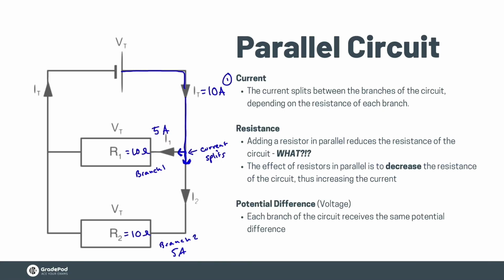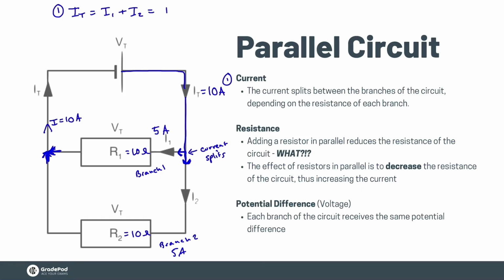And guess what happens when I get to this point here? And the total current goes back to 10 amps again. So for the current, our first rule is that the IT, the total current, is equal to I1 plus I2.